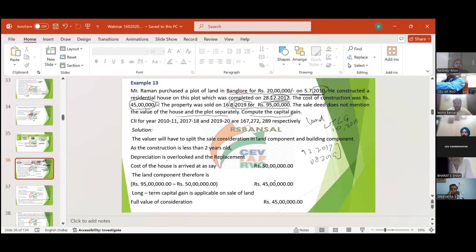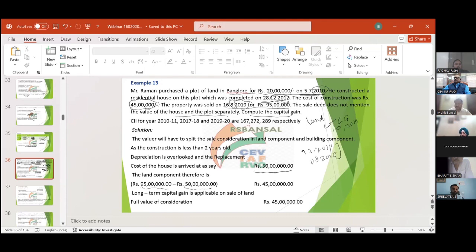So let us suppose you calculate somehow the value of the construction as 50 lakh. So the value total is 95 lakh, out of which we assume that 50 lakh is the value of the building. Here data is not given to you.